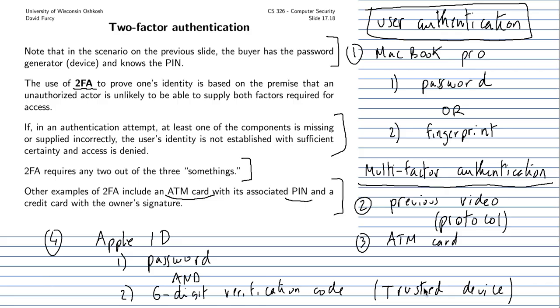So this is another example of multi-factor authentication. In this case, it is two-factor authentication because the user has to provide two items. One is something that they know, and the other is something they can only provide by using something that they own.